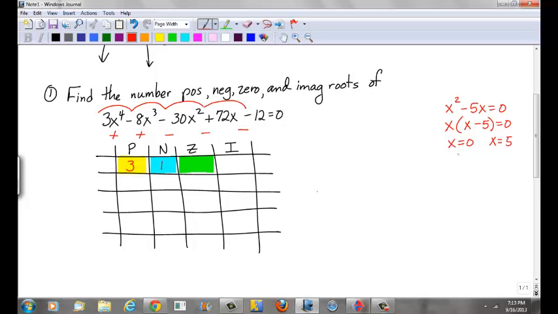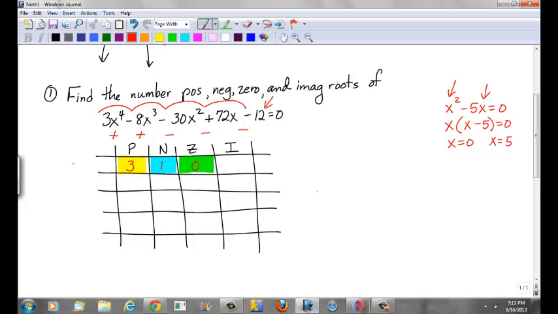But that's how you get a 0 root, if you have a variable x in common. Well, over here in the original problem, there is no x in common. So there are 0 zero roots. Another way to say that is, if there is a constant term in your problem, you won't have any zero roots because there won't be any variable in common.